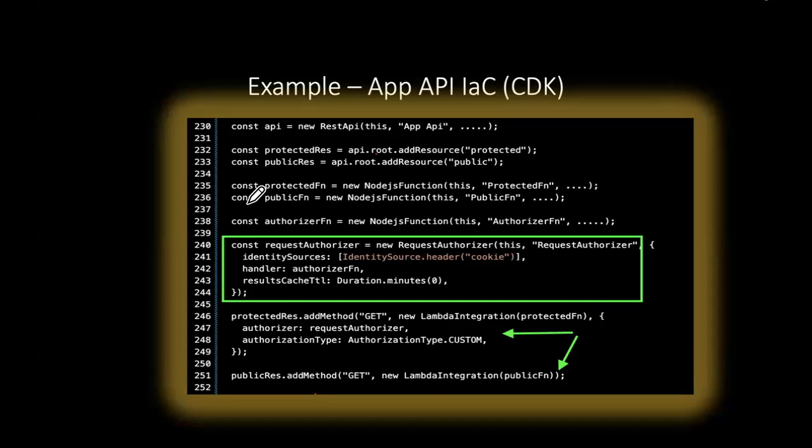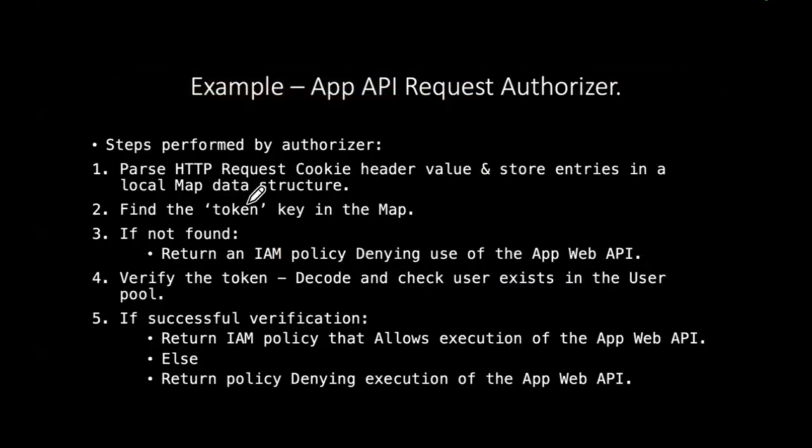Oh, sorry, no, no, sorry. I've just arbitrarily used the token as the key of my cookie, whose value is going to be the JWT token. Okay, so that's kind of hard coded, really. And if I do find a key within the map called token, then the corresponding value is the JWT token.